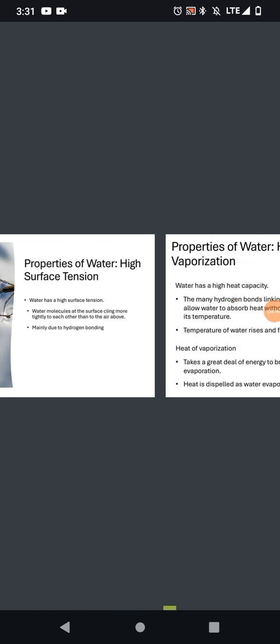Properties of water. High surface tension. Water has high surface tension. Water molecules at the surface cling more tightly to each other than to the air above, mainly due to hydrogen bonding. Properties of water: heat capacity and heat of vaporization. Water has high heat capacity.